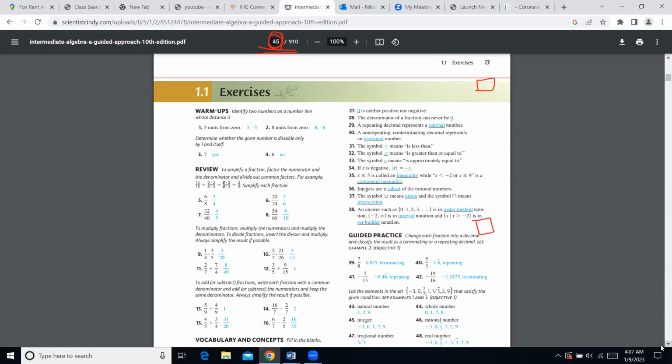Now, chapter 1 is something that should be very familiar to you from arithmetic class. That's something that I could have skipped, but I just want to talk about it a little bit, and this way we're just going to refresh what is going on there.